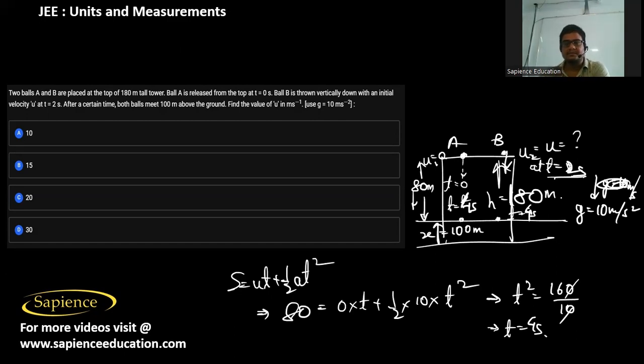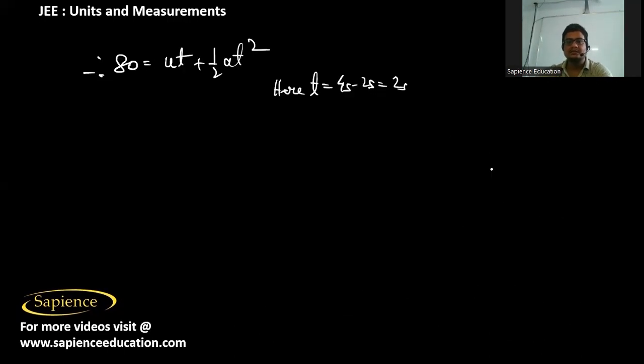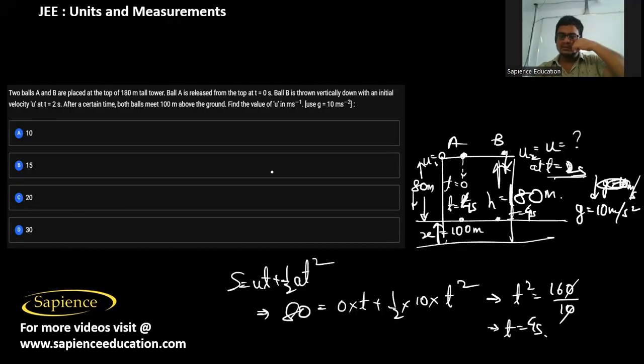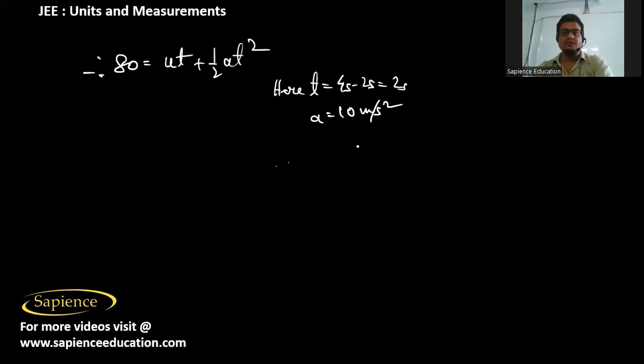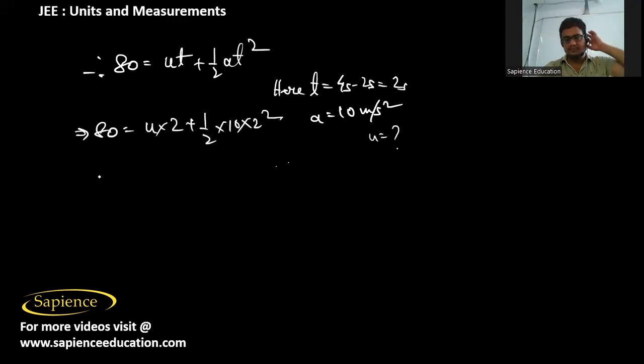So for B, the time interval is 2 seconds and the acceleration is 10 meters per second square only. We have to find out u. So 80 equals u into 2 plus half into 10 into 2 square. 2 2s are 4.